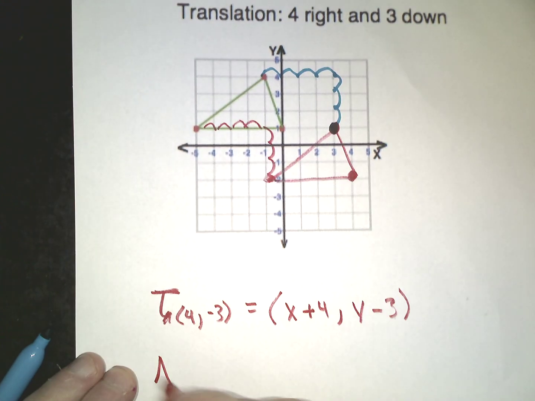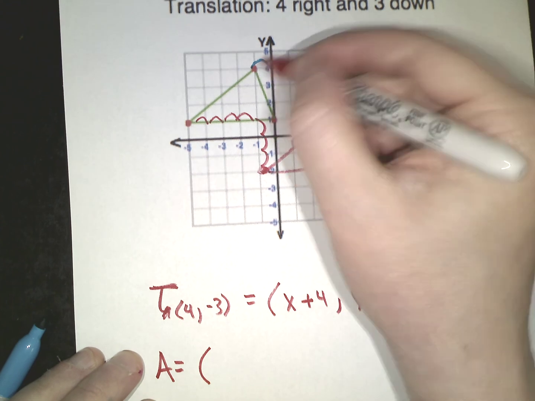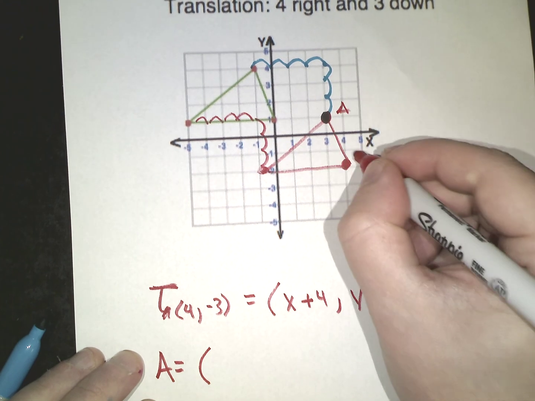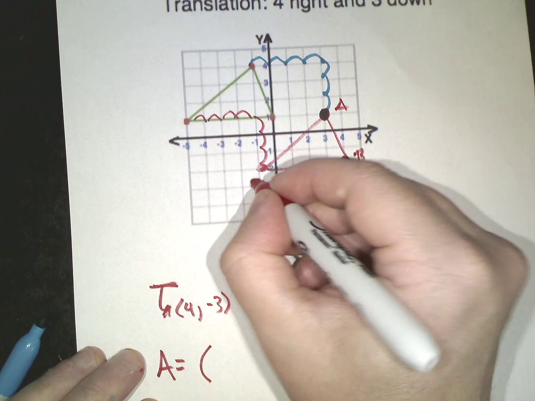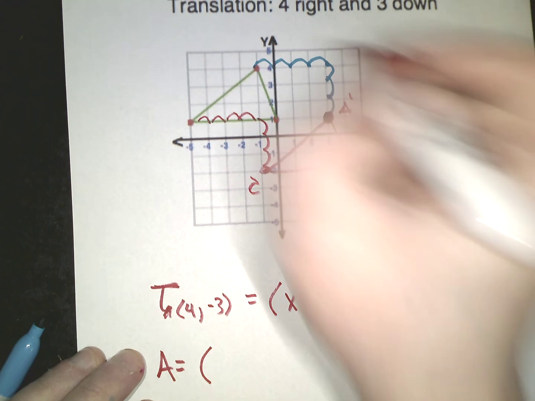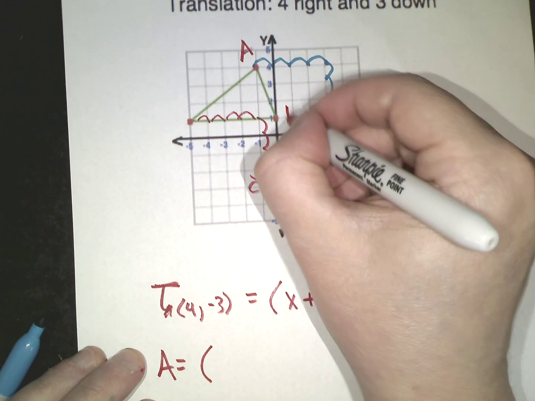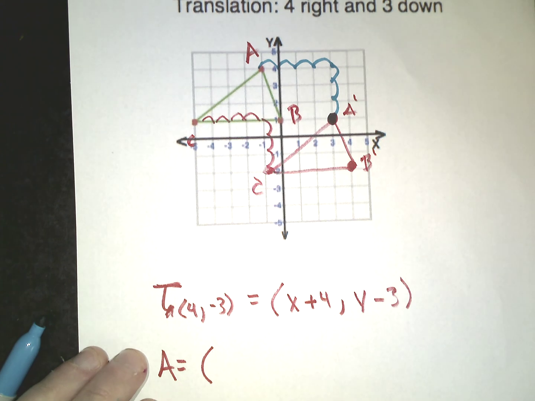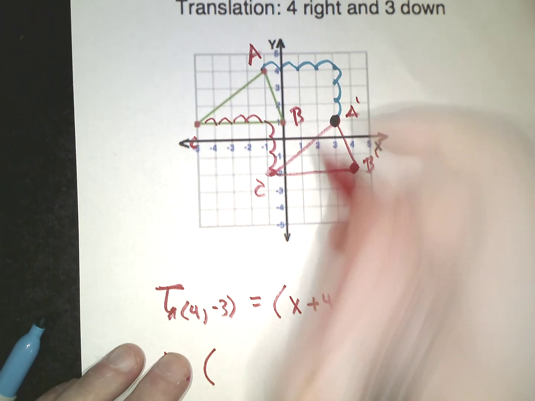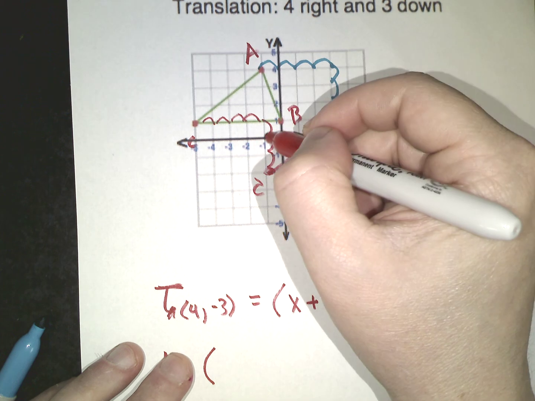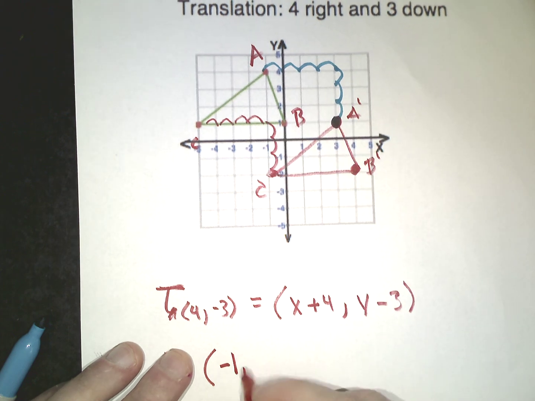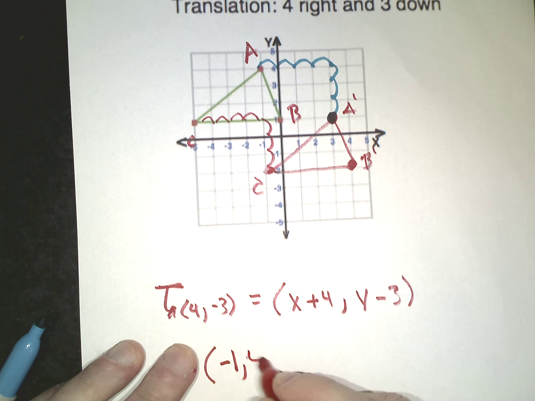Well, A is equal to that coordinate there. I'm going to call this one my A. Remember, those are the primes. So this is A, B, C. Okay? So if I'm doing it this way, I take my A, which is -1, 4.